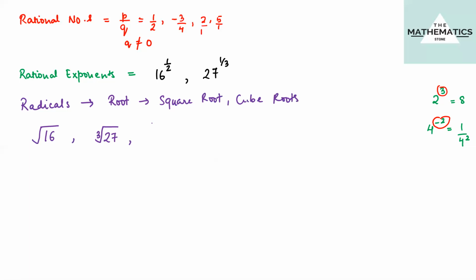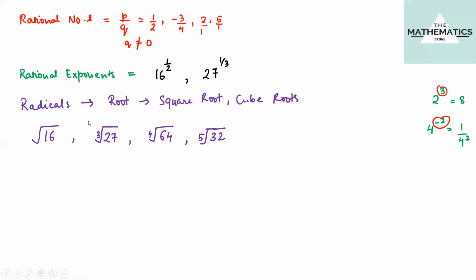What about fourth root? Let's say I'm writing, this represents fourth root, okay? Fifth root, this represents fifth root of 32. Okay, now these radicals are nothing but your roots.